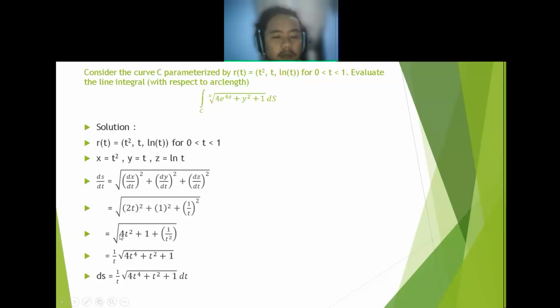We take the square root of this formula and get 1 over t times the square root of 4 t to the power of 4 plus t to the power of 2 plus 1. And then the ds we get is 1 over t times the square root of 4 t to the power of 4 plus t to the power of 2 plus 1 dt.